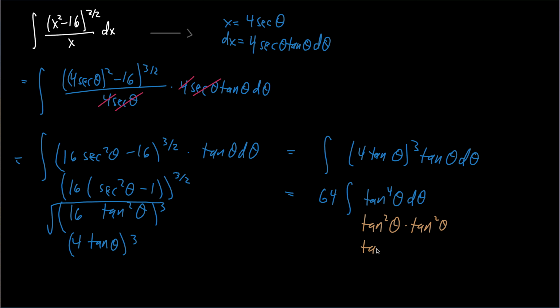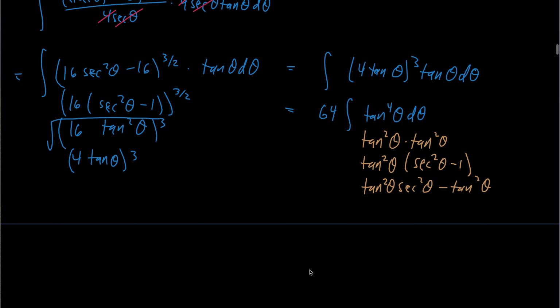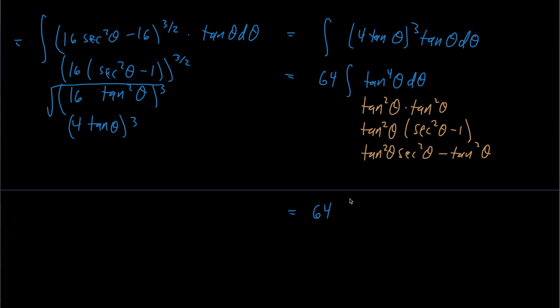So what if I did tan squared times (secant squared minus 1)? Distributing this out, we get tan squared theta secant squared theta minus tan squared theta. So the integral we're really trying to do is 64 times the integral of tan squared theta secant squared theta minus tan squared theta d theta.